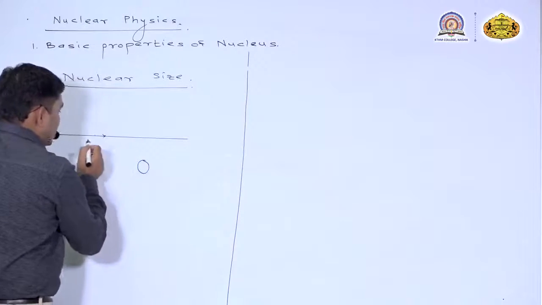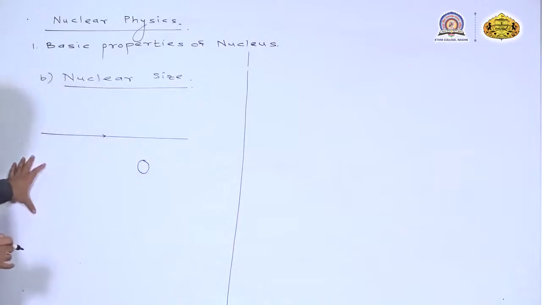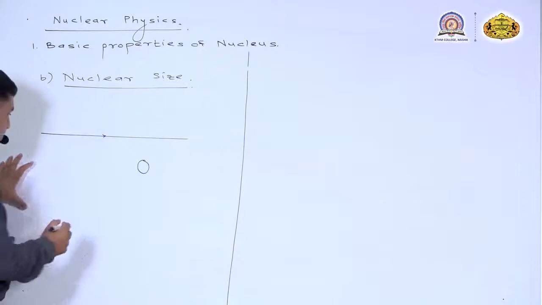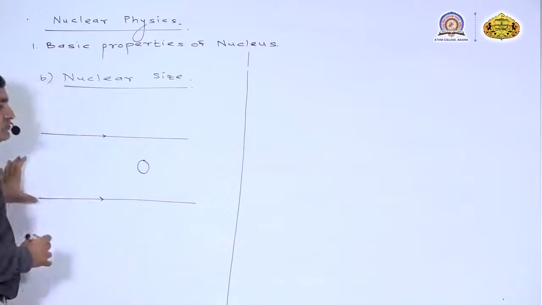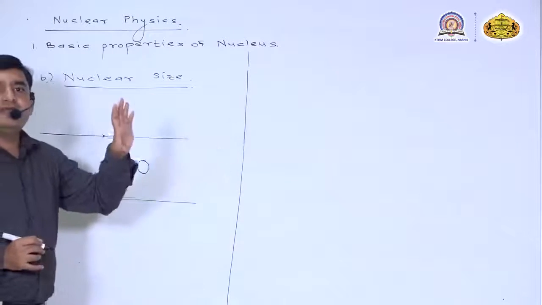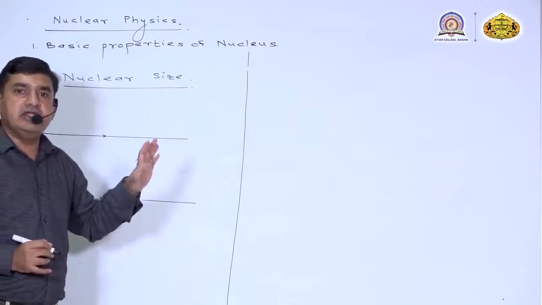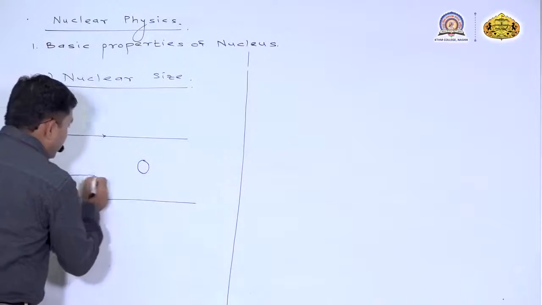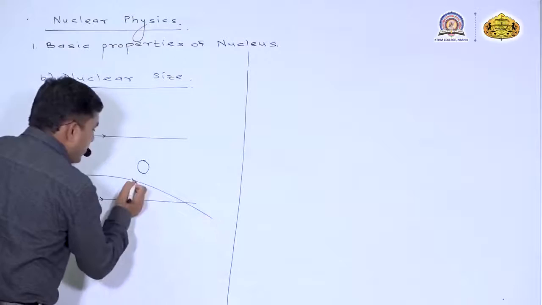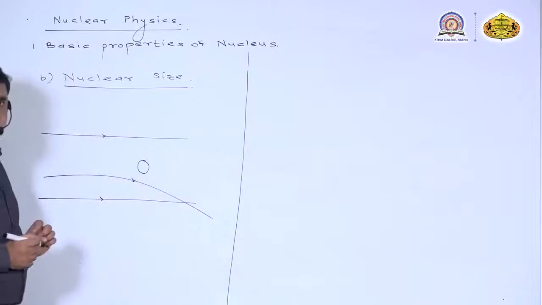alpha particles are bombarded on gold foil. Some alpha particles are transmitted through the gold foil without any deviation. Some alpha particles are deviated through a small angle.